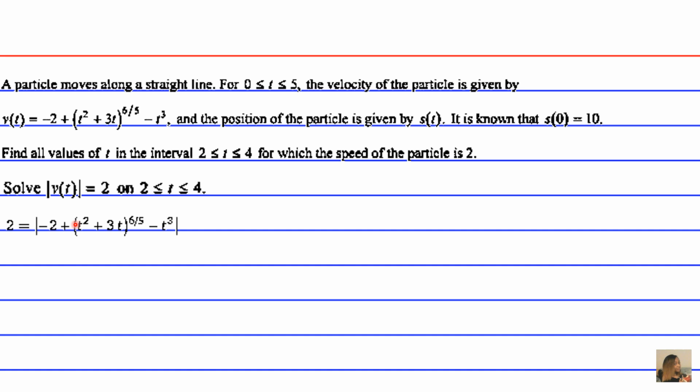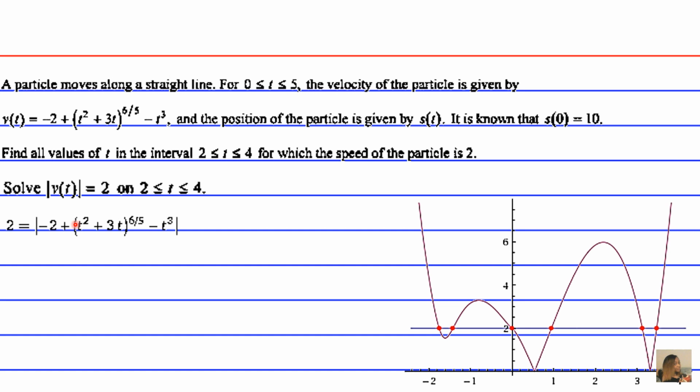All right, so when you graph this function, you're going to get something that looks like this. Here goes the line 2, and this monstrous thing here is your v(t) function.